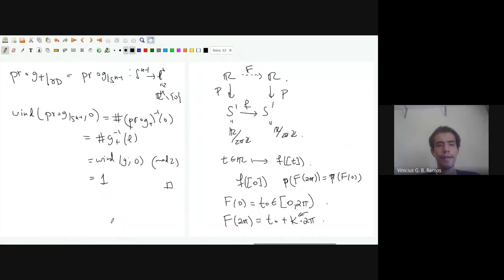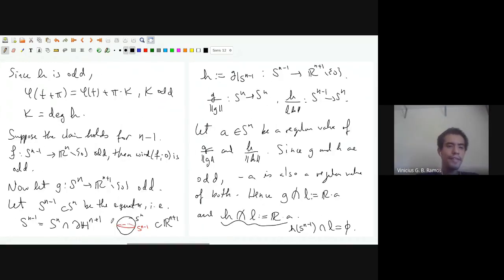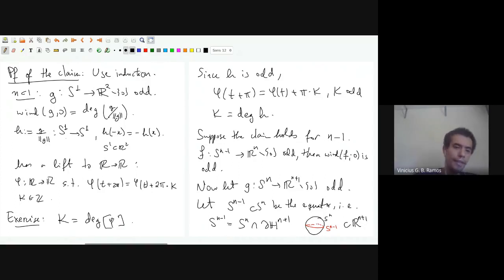Okay, but apart from this, this is the case n equals 1 in the induction. And to see that case, the degree, if you just want this Z mod 2, if you don't actually care about the orientation, this exercise is very easy. It's just to see that you have k pre-images inside the circle. Okay, so that should be straightforward.